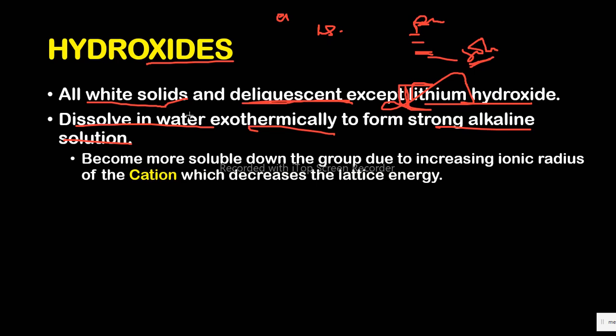But for group 1 hydroxides, they readily dissolve. Look at sodium hydroxide, potassium hydroxide, rubidium hydroxide, cesium hydroxide. They readily dissolve. Why?